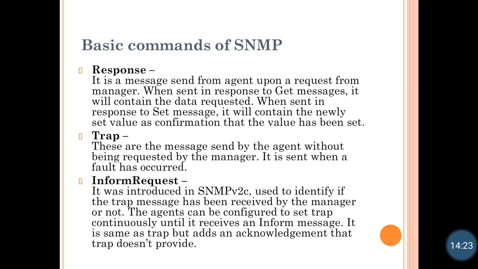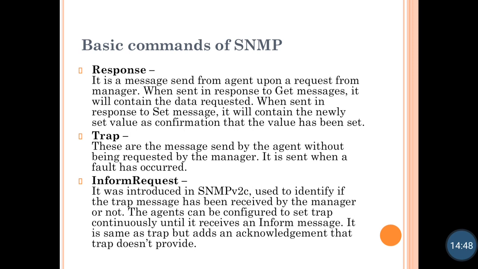Last is inform request. It was introduced by SNMP version 2C. We have different versions of SNMP: SNMP version 1, version 2 and version 3. This is introduced in version 2C. It is used to identify whether the trap message has been received by the manager or not.